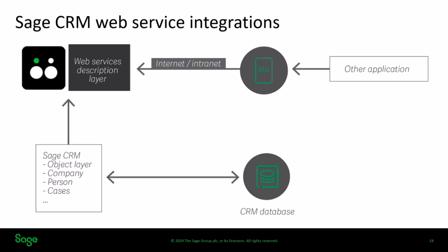So the other application has to make a call in to read the WSDL of Sage CRM in order to get details of all of the object layer inside the system. Once that's read and incorporated inside the development environment, we can now use those objects to make the HTTP requests and handle the responses.